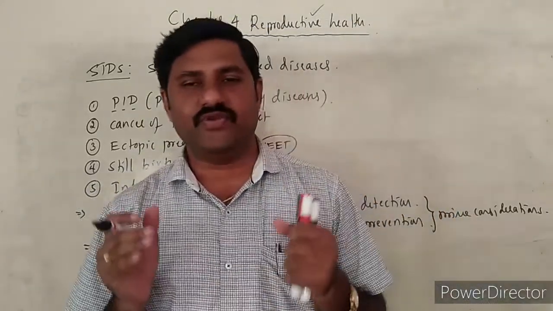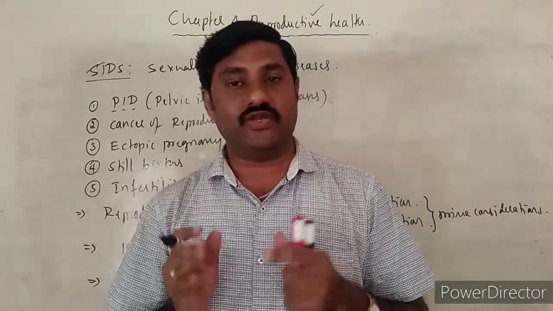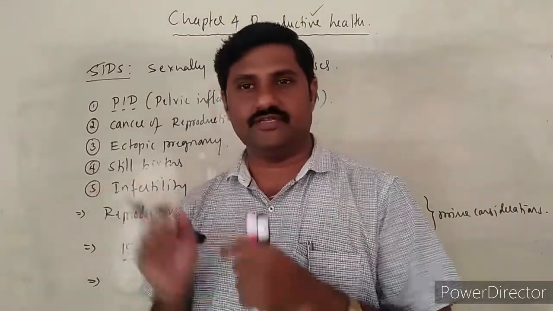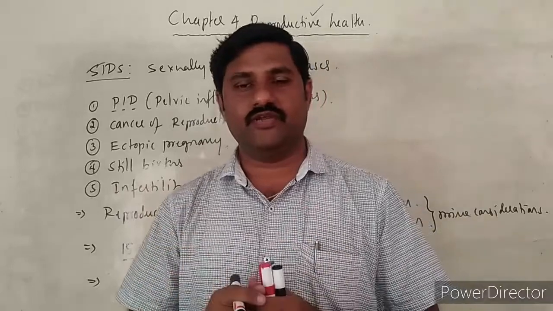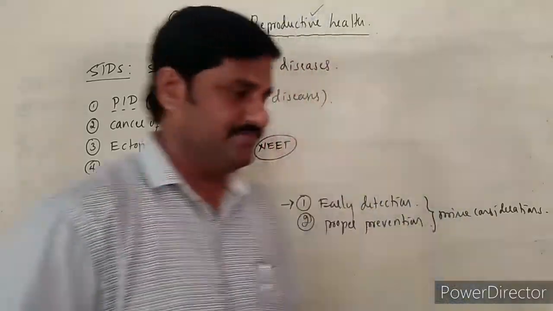So there are certain preventive measures we have to consider, or precautions we have to take against these diseases, and those precautionary measures I'm going to list out now, right?